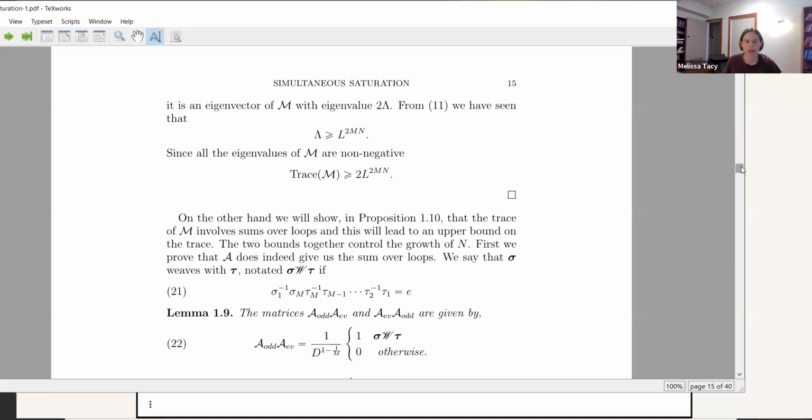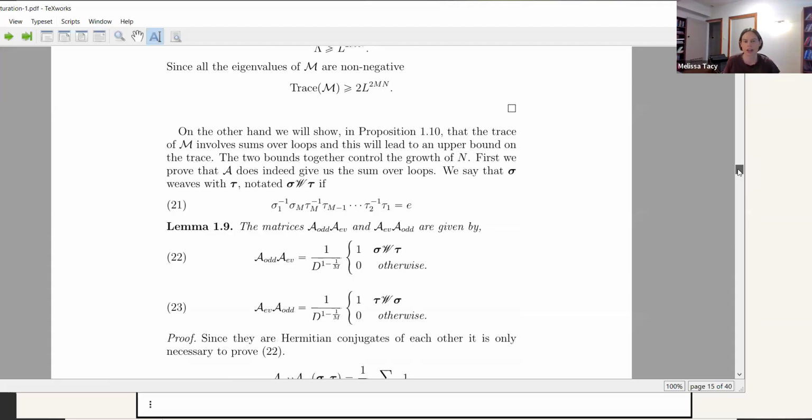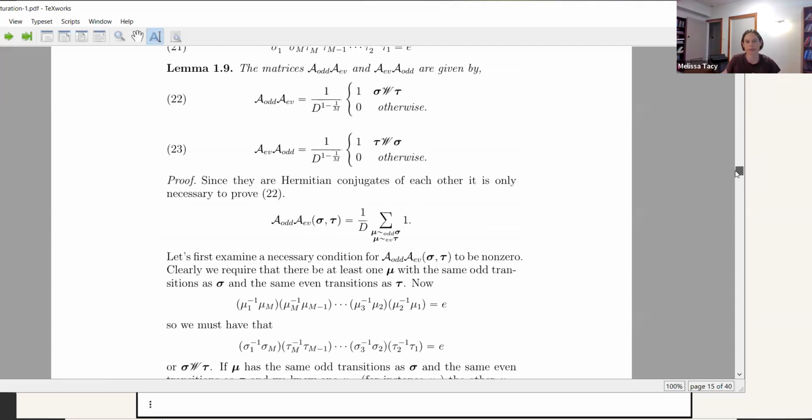So I'll define a new relation W, which I'll say that sigma weaves with tau if it obeys this equation. So this is my looping condition. Okay, so I then consider my matrices, the products A even times A odd and A odd times A even.